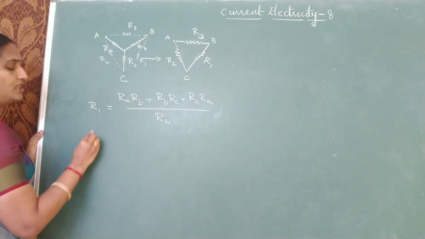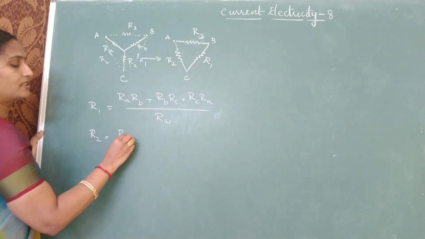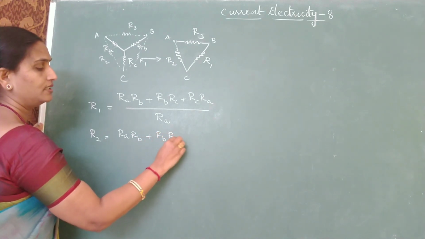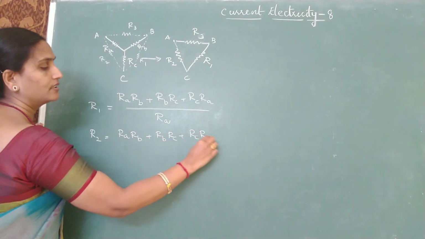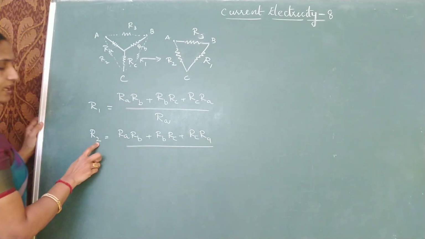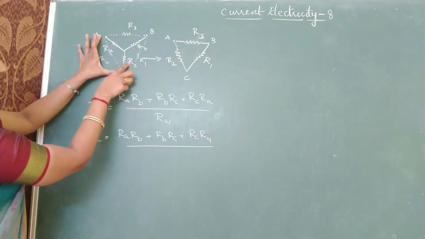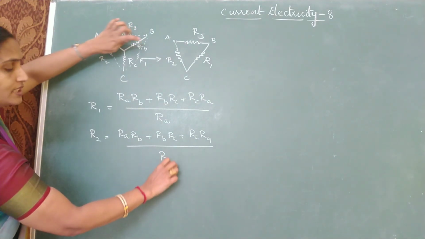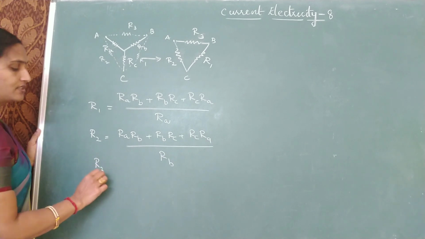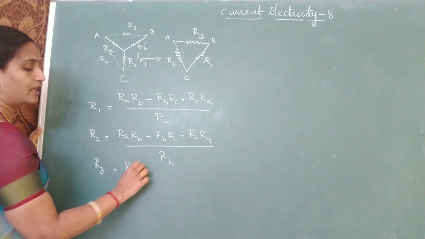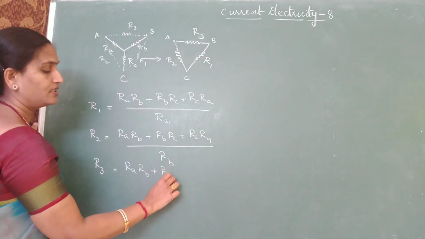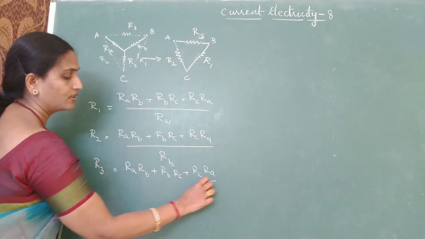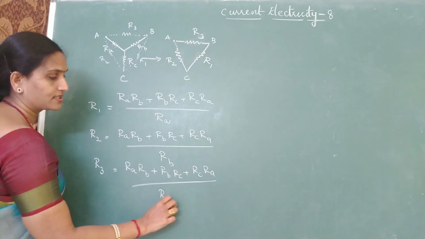Similarly, how to get the formula for R2? The numerator will remain the same: RA RB plus RB RC plus RC into RA, whole divided by RB, since R2 is the resistance between A and C, and the one which is not connecting them is RB. And R3 is RA into RB plus RB into RC plus RC into RA, whole divided by RC.